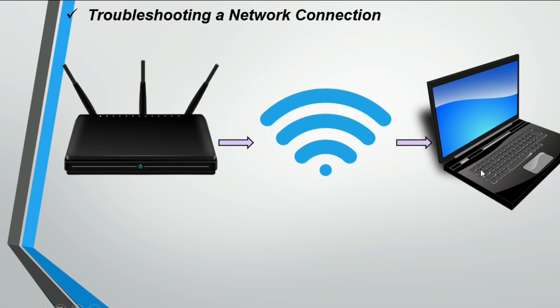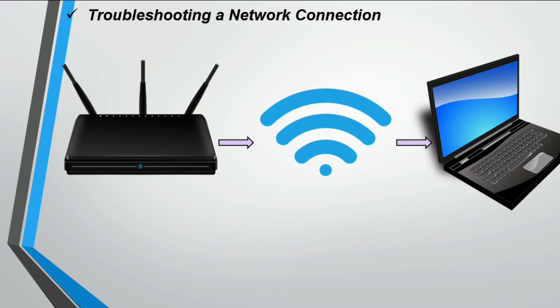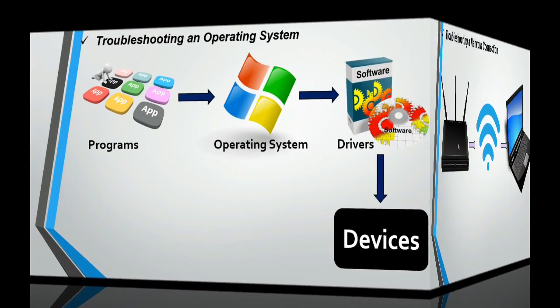And then you should activate the Wi-Fi on your laptop by using the Wi-Fi key or button on your keyboard. Then check if the DHCP is set to automatic, and automatically your laptop will detect the Wi-Fi.